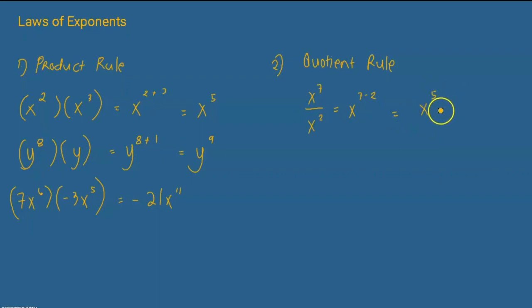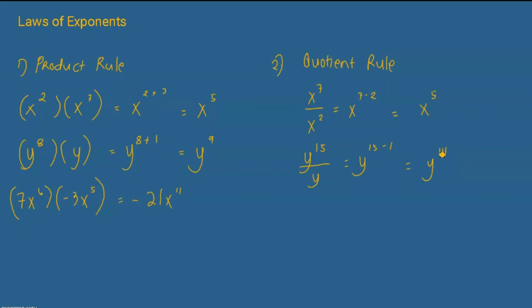Okay? Another one. If I have y raised to 15 all over y, then that is y raised to 15 minus 1. So what is y raised to 15 minus 1? It's y raised to 14.